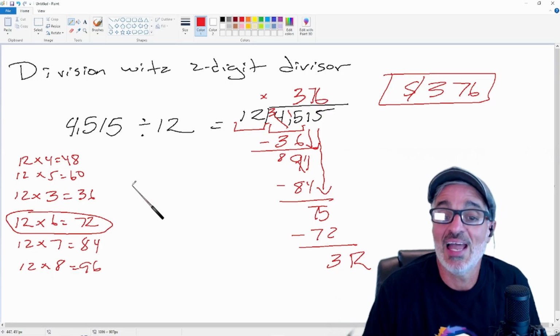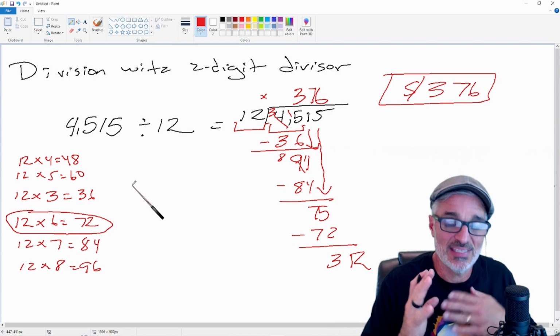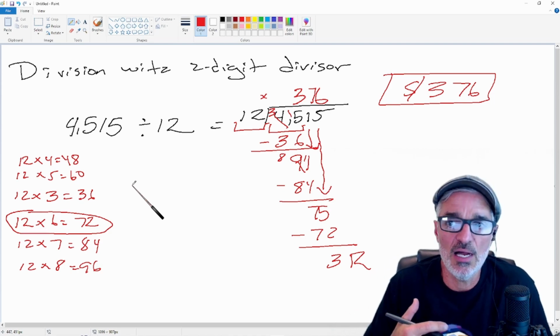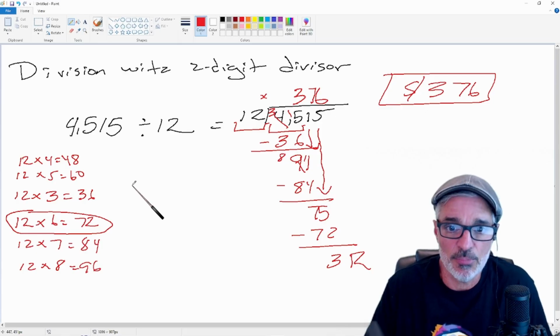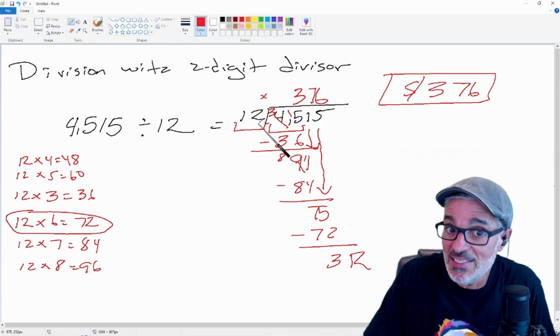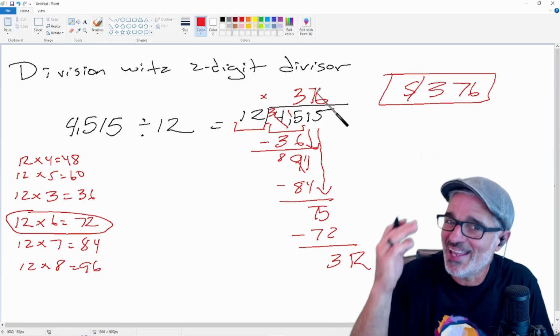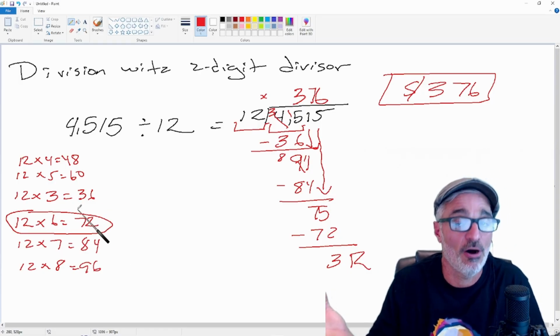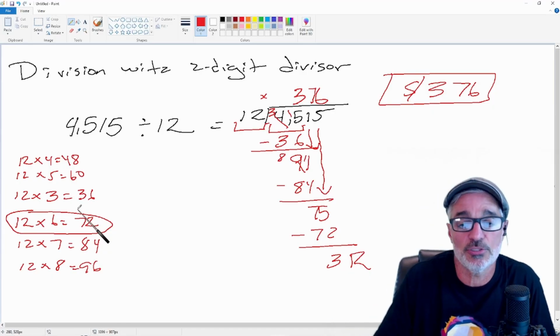Anyway, as you notice, this was the exact same process that we use for dividing single digit numbers. And we were lucky this time because we were dividing by 12, and the times table of 12 is easy because we already know it from our multiplication chart, or we can use the multiplication chart.